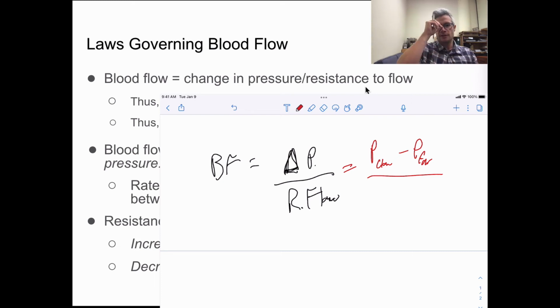The general resistance to flow can come through a few different ways, but one of them is going to be the vessels themselves. And that can happen in a couple of different ways. It's the actual vessel wall, or its thickness, or we can talk about the viscosity of blood.